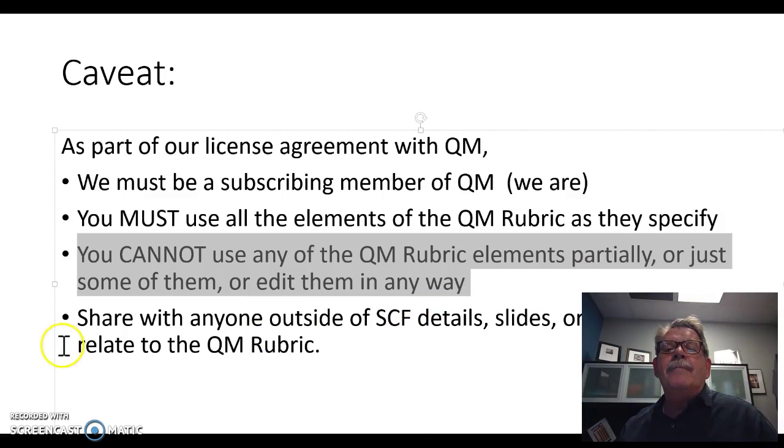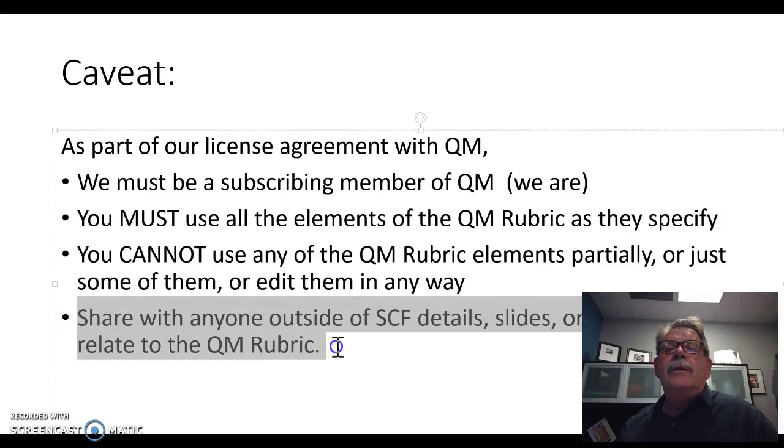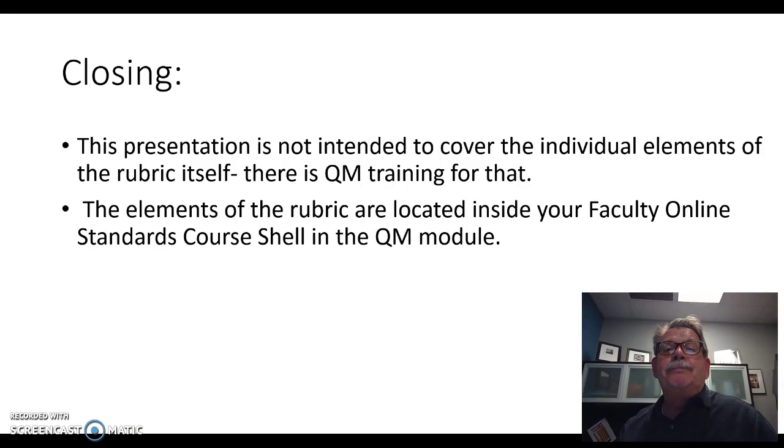It's all or nothing. And technically you're not allowed to provide any materials. For example, I couldn't provide this PowerPoint describing this part of the process to anyone outside of the SCF institution under the terms of our license. So it's a little specific, but not as bad as it seems.